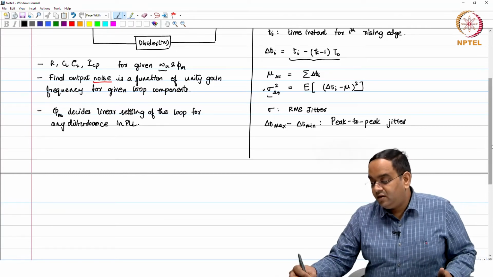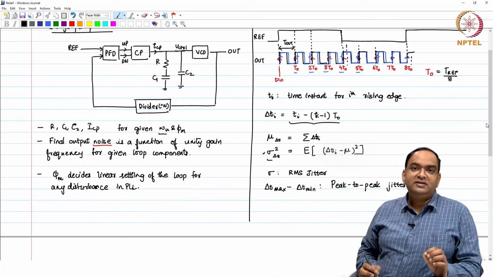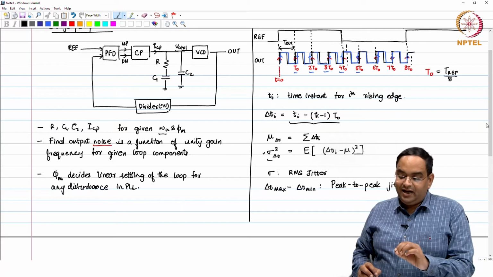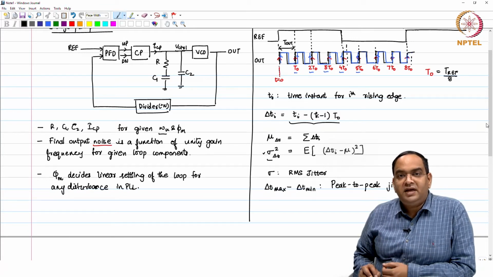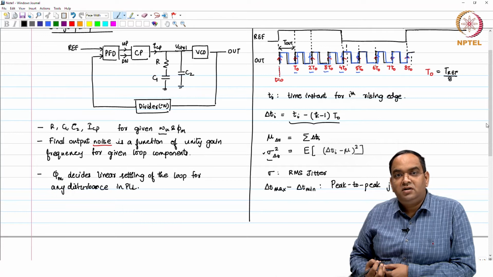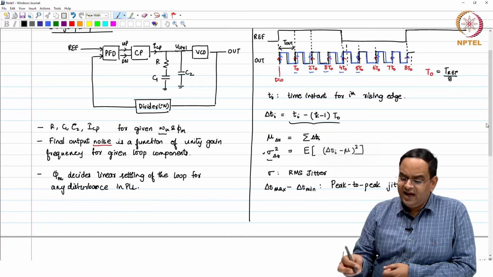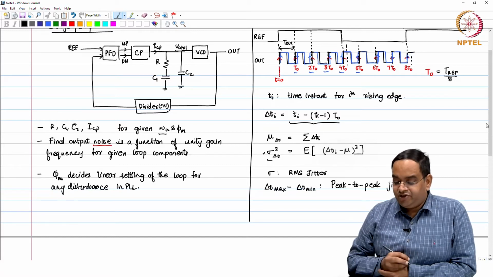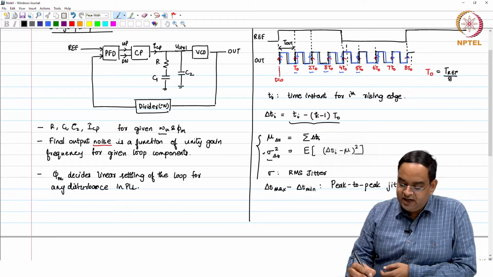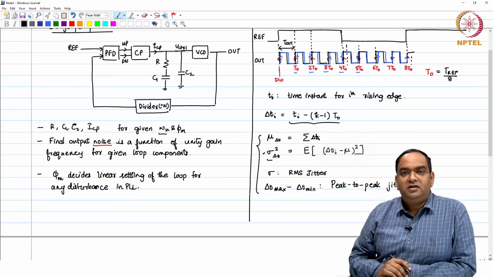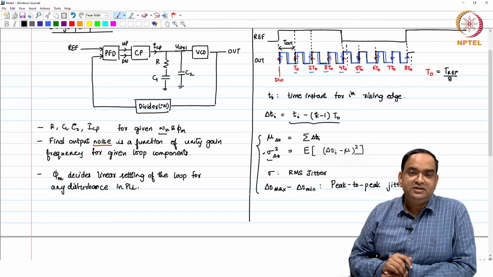So, now you see that because of noise in the system, the periodicity of the rising edge of the clock is susceptible to noise, and that variation is characterized by mean, standard deviation and peak to peak value, and this is termed as jitter.